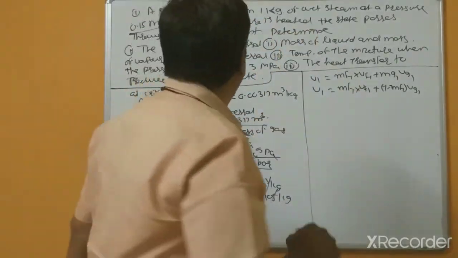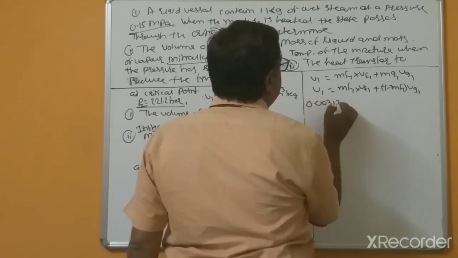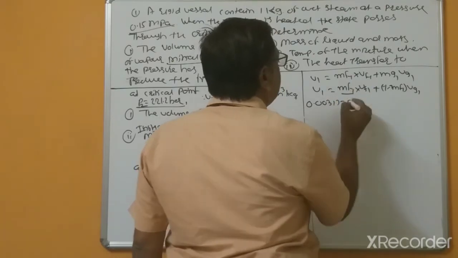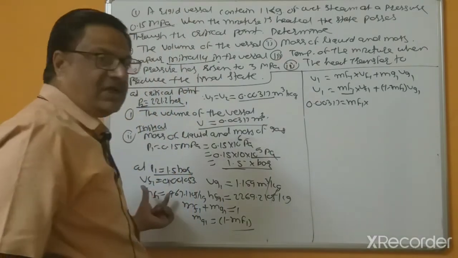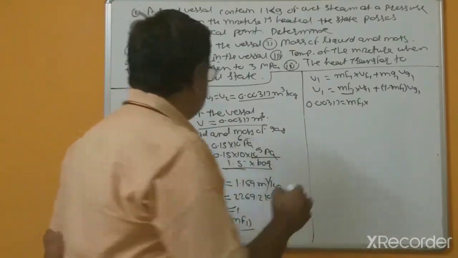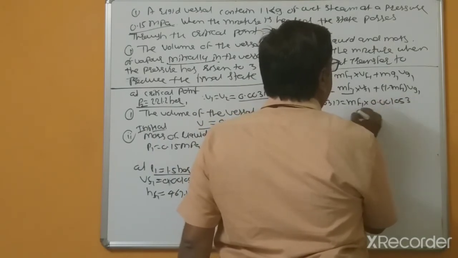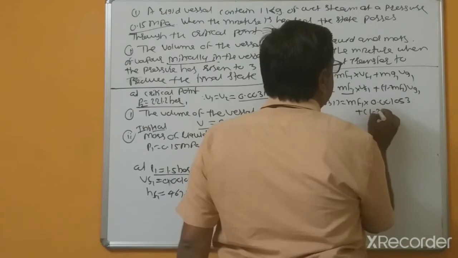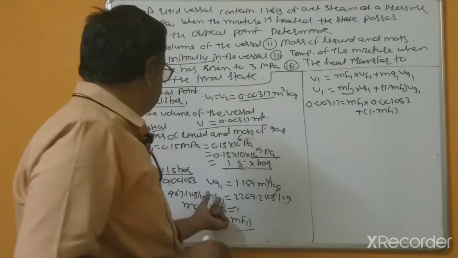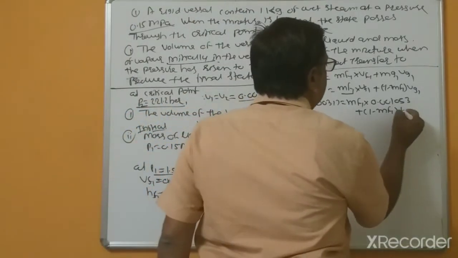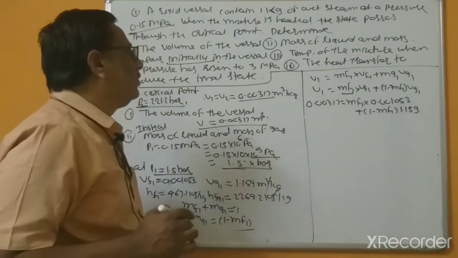This specific volume remains same, V1 equal to V2, because this is a rigid vessel. So we can consider 0.0317 equal to MF1, which is unknown at this stage, times Vf1. We already extracted that by using steam tables. So 0.0317 equals MF1 times 0.001053 plus 1 minus MF1 times Vg1, which is 1.159. Right.